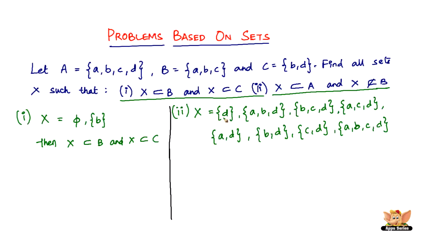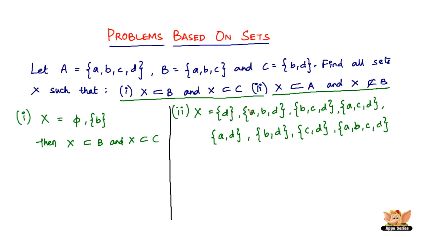So if you notice all these sets carefully, which is X equal to all these sets, all these sets are such that X is a subset of A but not of B. That is why we haven't even included the phi, that is the empty set, because the empty set is present in both A and B. So if you write the empty set, then that set becomes such that X is a subset of A as well as B. But it's clearly given in the question that X should be a subset of A but not a subset of B. That's why we have to not write the common terms between A and B and write only the uncommon sets.